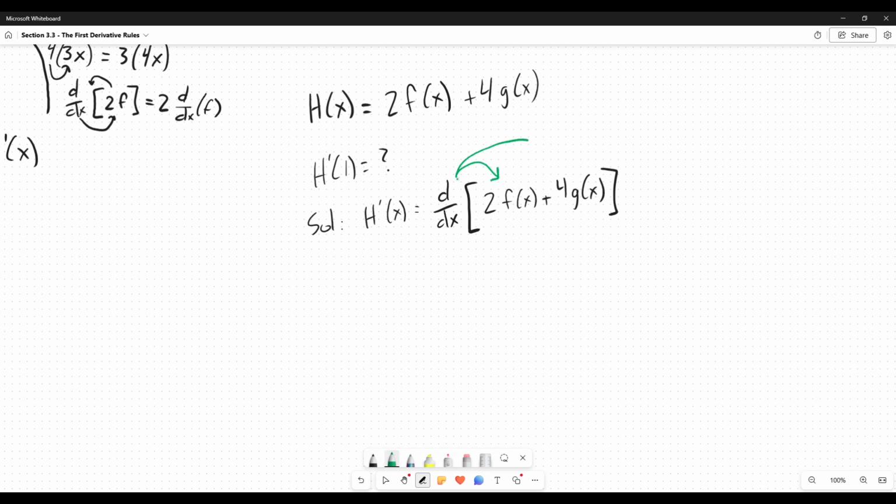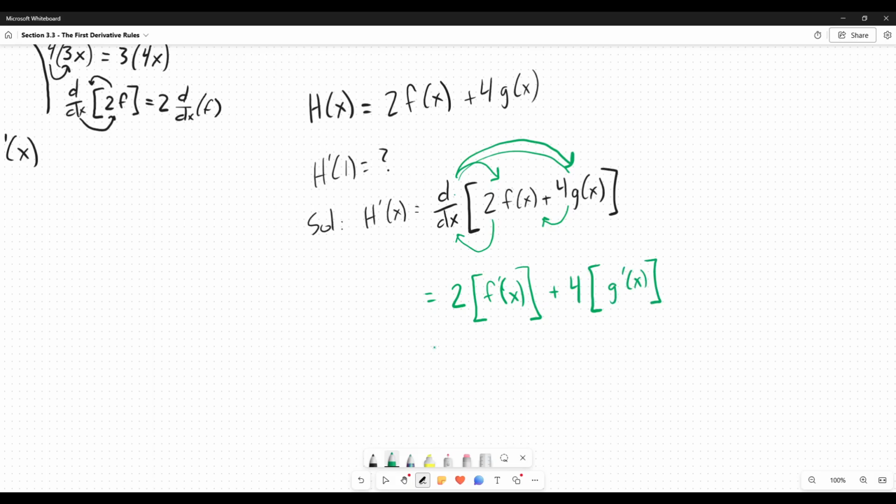We're going to distribute that d of x, and we're also going to pull out those 4's. And what can we write? So this is 2 times the derivative of f, which will be f prime of x, plus 4 times the derivative of g of x, which we'll just write g prime of x.